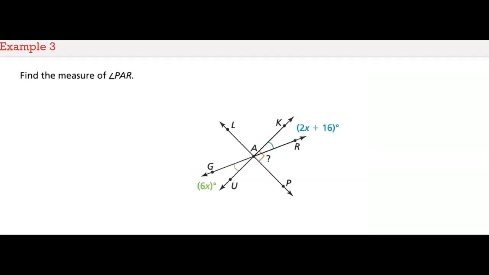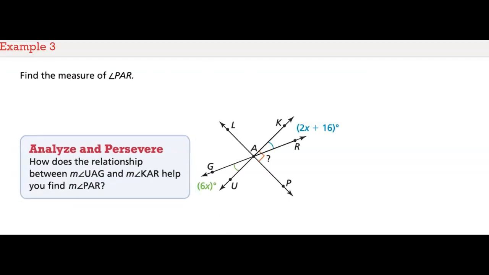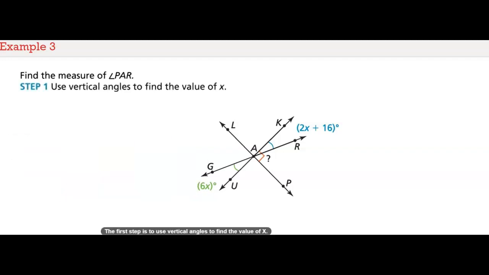Find the measure of angle PAR. How does the relationship between the measure of angle UAG and the measure of angle KAR help you to find the measure of angle PAR? The first step is to use vertical angles to find the value of x.